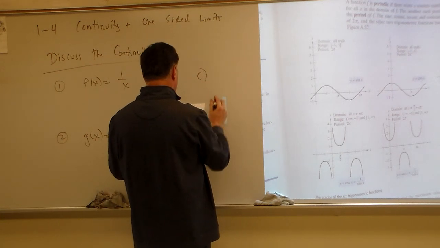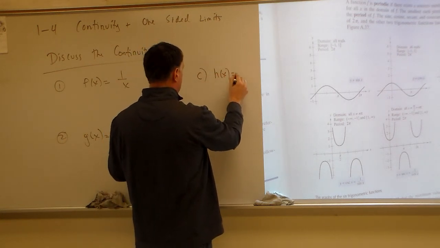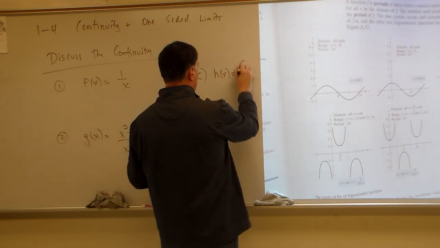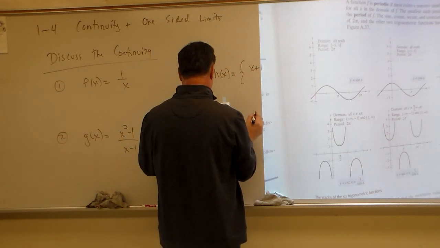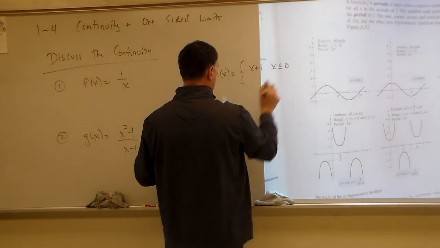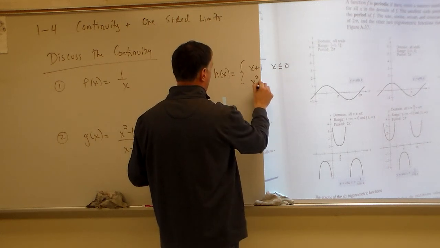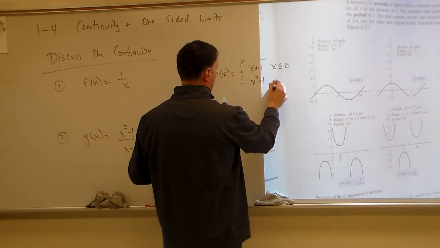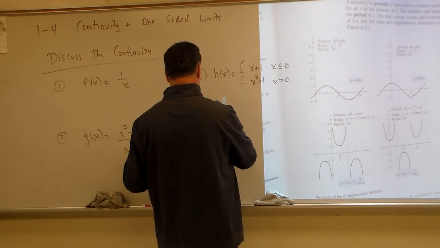C is h of x equals x plus 1 when x is less than or equal to 0, and x squared plus 1 when x is greater than 0.